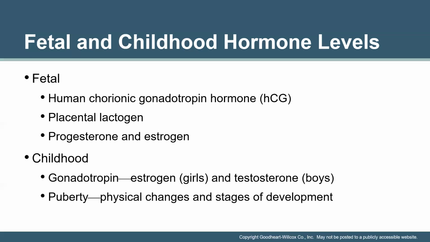Now, in children, the hypothalamus will begin to produce gonadotropin, which in girls will cause the release of estrogen and more testosterone in boys. So physical changes or puberty can begin between 8 and 14. It can probably stretch out beyond that though.